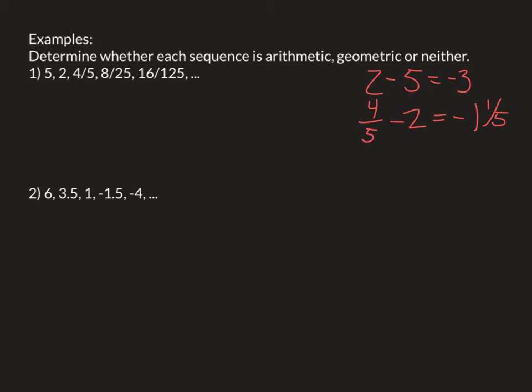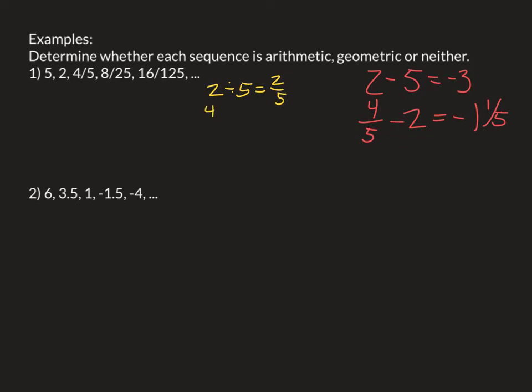All right, let's test geometric. We want to take each term and divide by its previous term. If I take 2 and divide it by 5, we end up with 2/5.